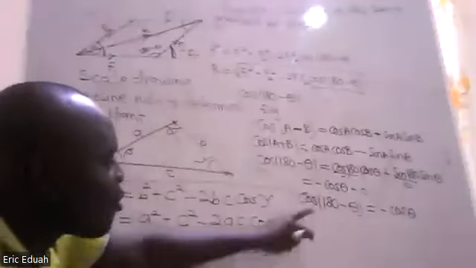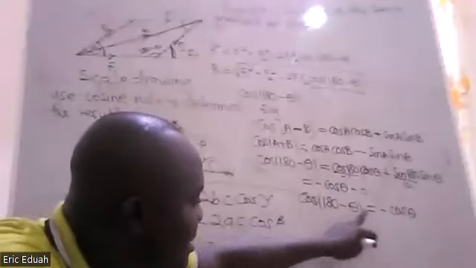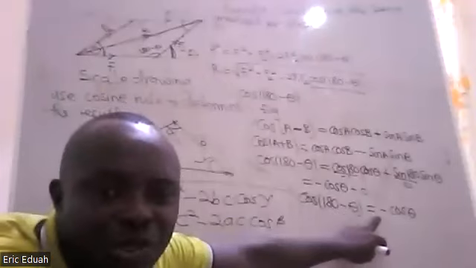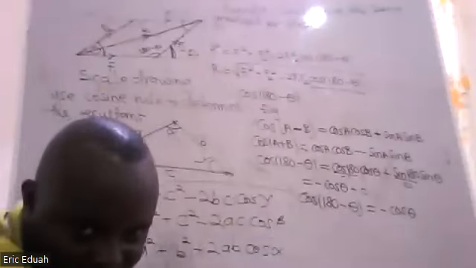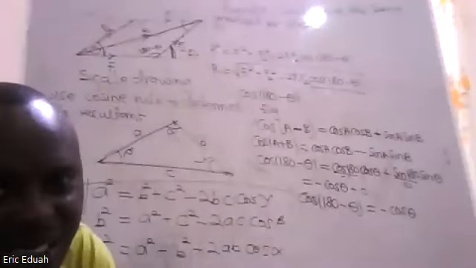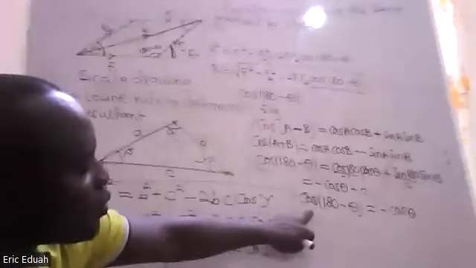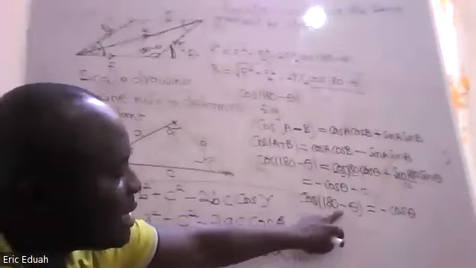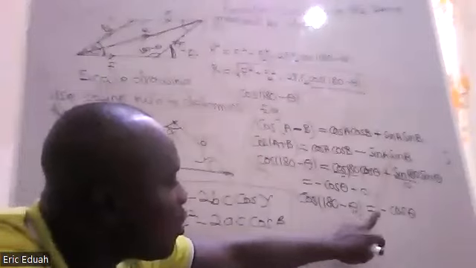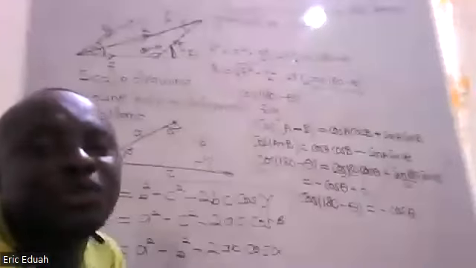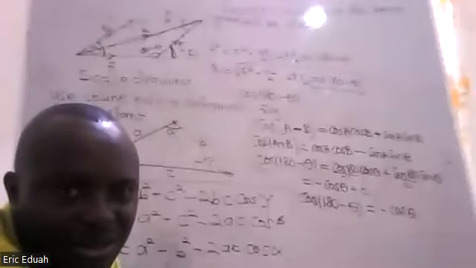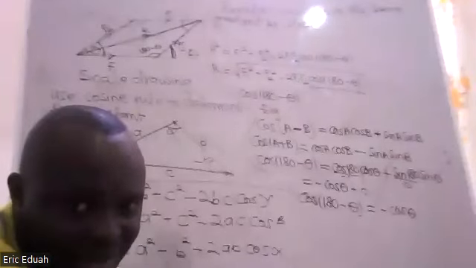Okay, so you realize that cos 180 minus theta is equal to negative cos theta. What it means is that what cos 180 minus theta can do, cos negative theta can do the same thing.